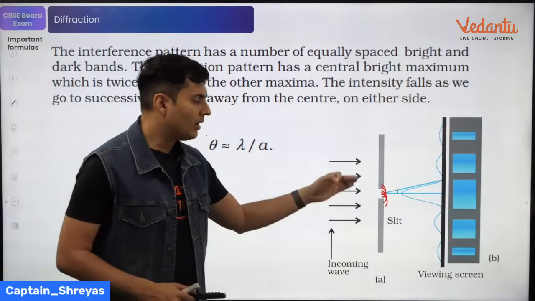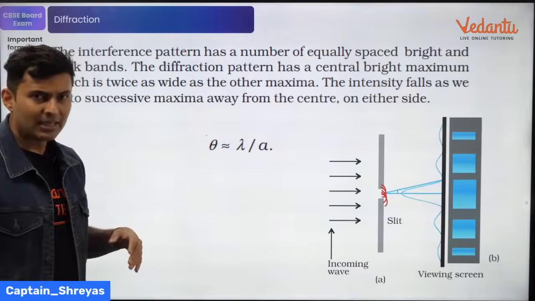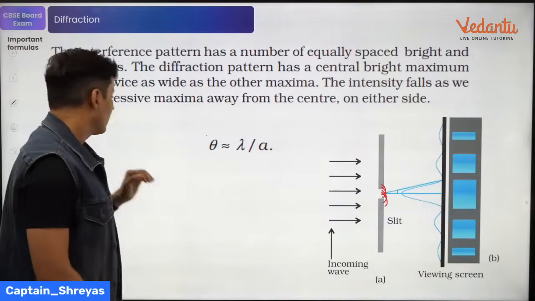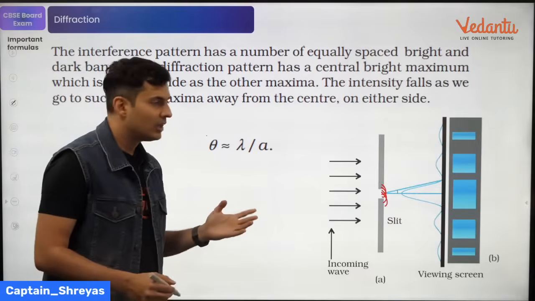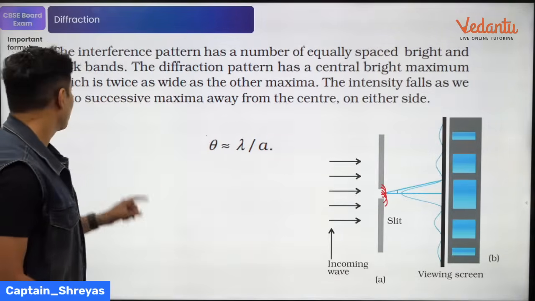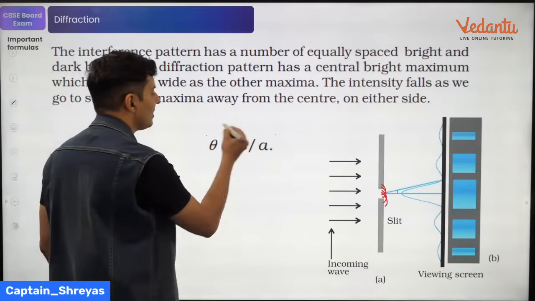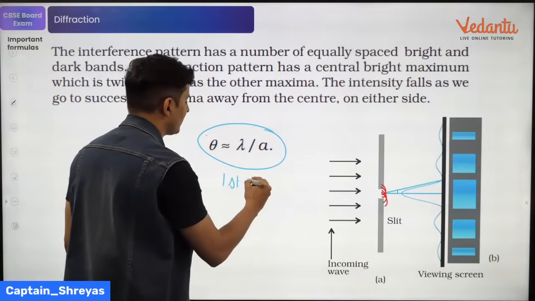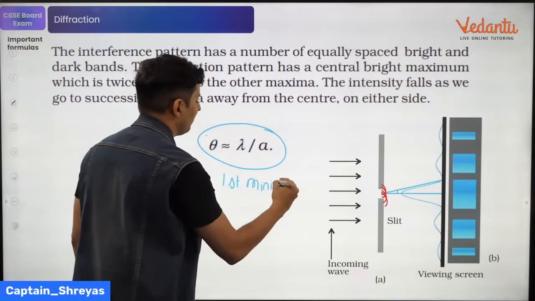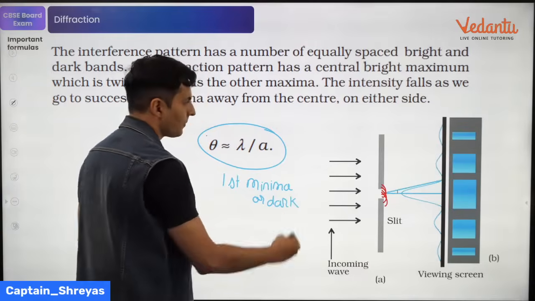And the formula for locating any of the fringes is given by this. Here, this formula is specifically meant to locate your first minima. The intensity falls as you go from one maxima to one minima. This is the formula which you are going to use for locating the first minima, or basically the dark fringe.